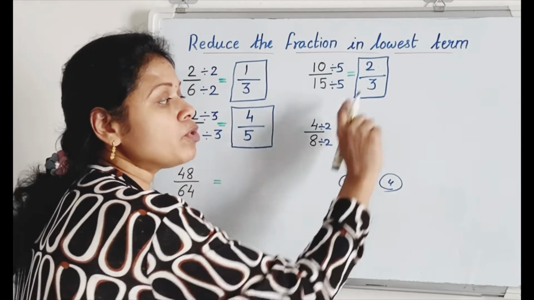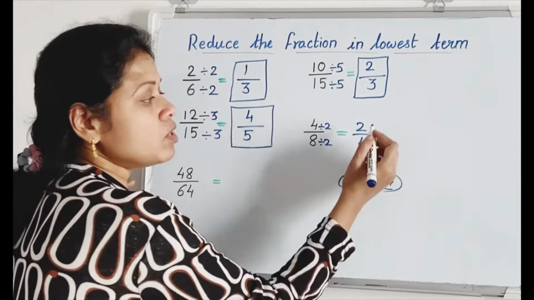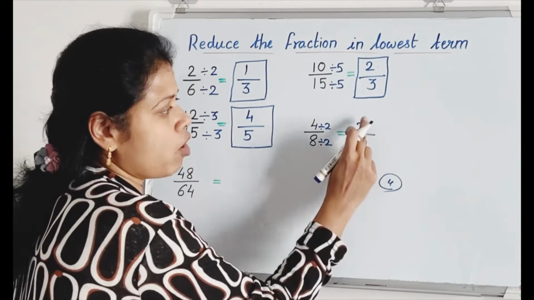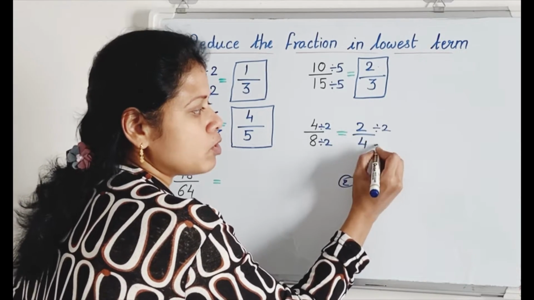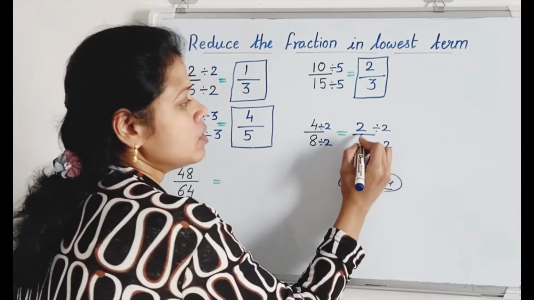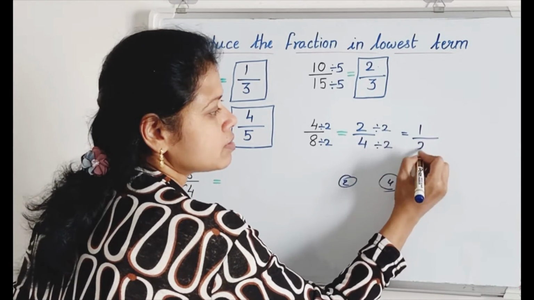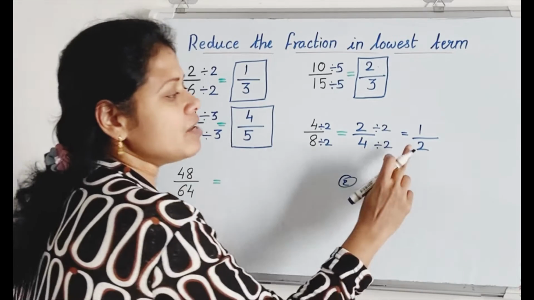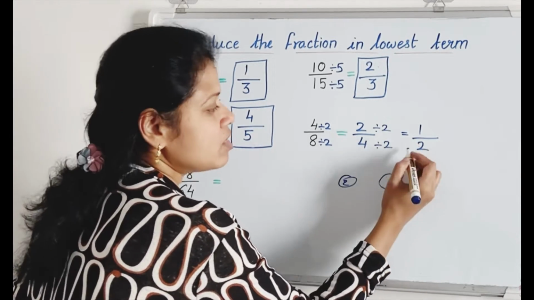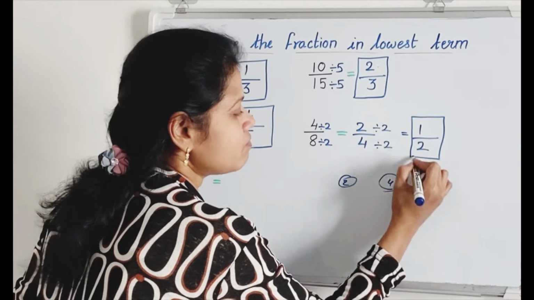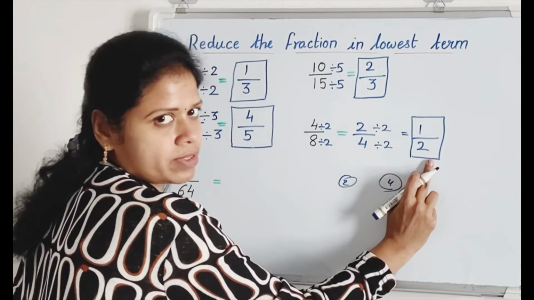So again we have to reduce it to the lowest term. For that we have to do the division again by its common factor. The common factor of these two numbers is 2. So continue the division. 2 divided by 2 is 1, and 4 divided by 2 is 2. Now check whether there is a common factor for the numerator and denominator. No. Then you can say that the fraction has been reduced to its lowest term.